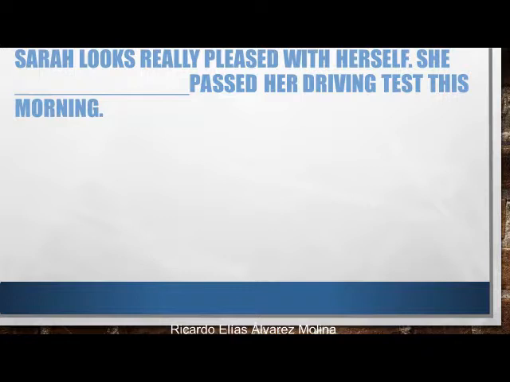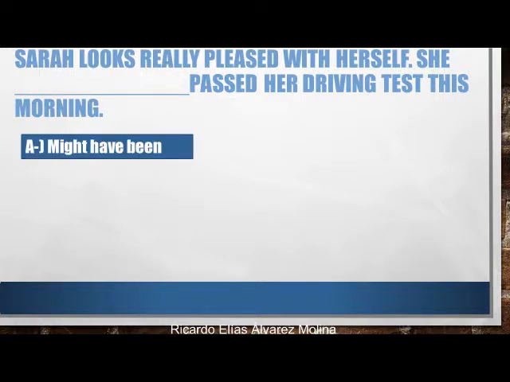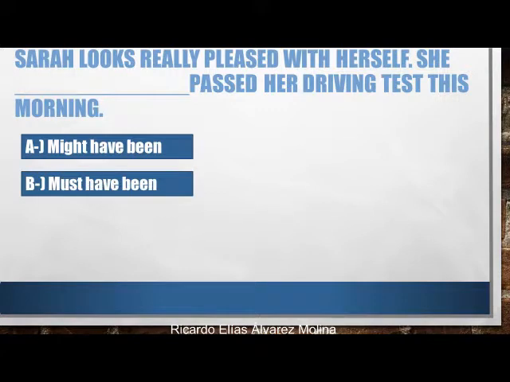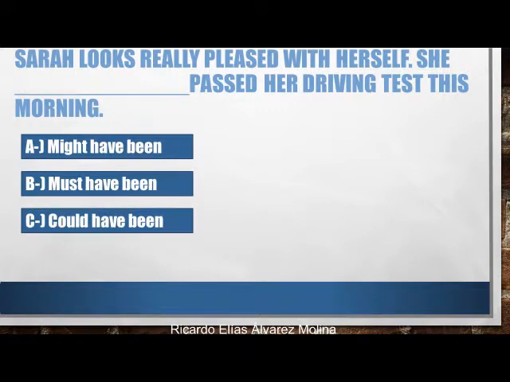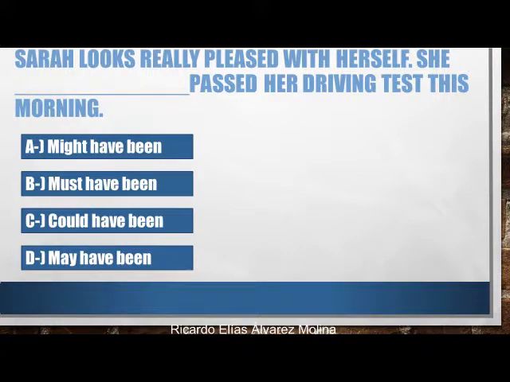She, letter A, might have been, letter B, must have been, letter C, could have been, letter D, may have been, passed her driving test this morning. Choose the option that you consider correct.